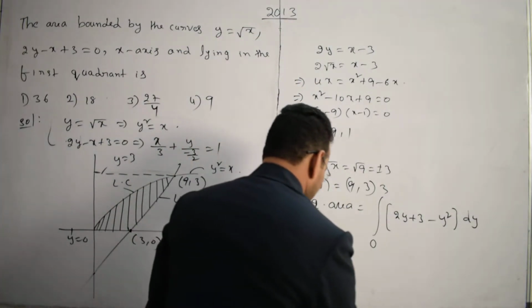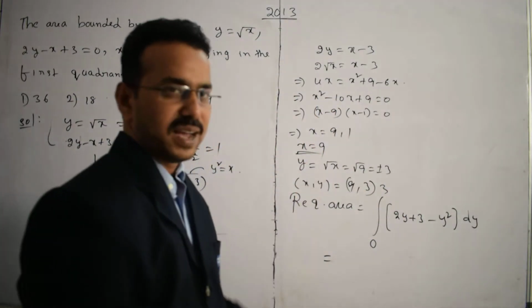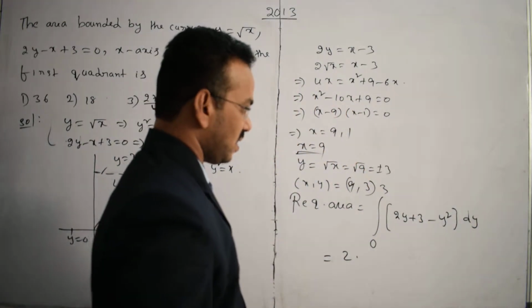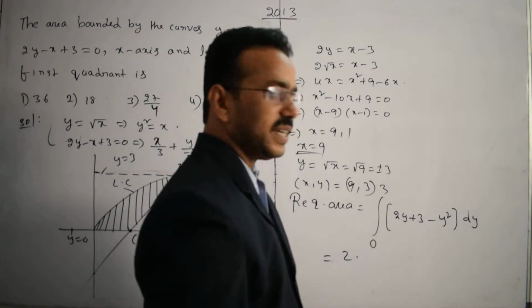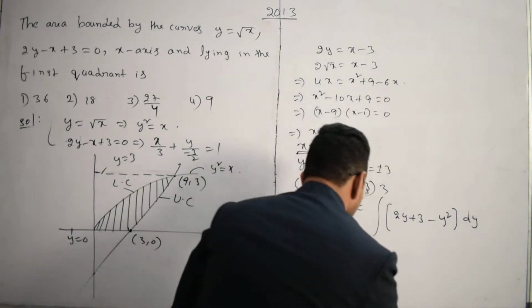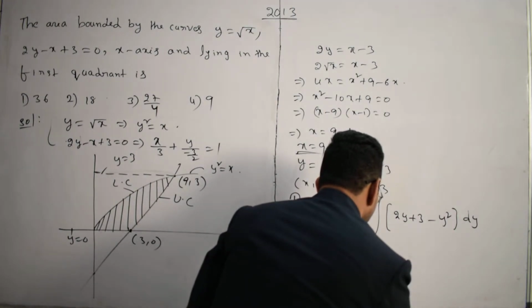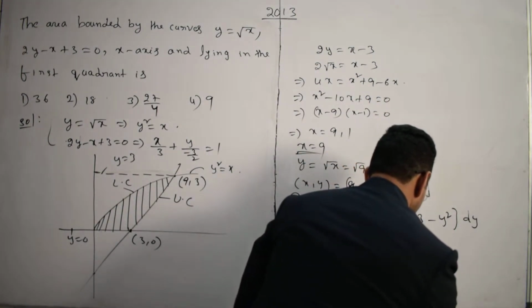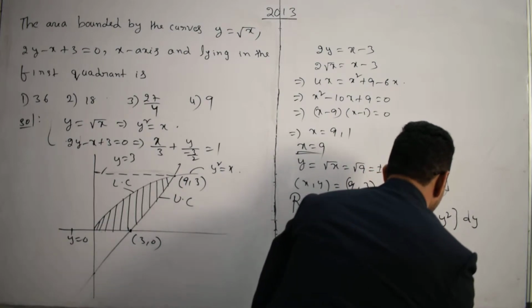So in the next step, directly splitting the integration: 2 into the integral of y, which is y square by 2, limits 0 to 3, plus 3y, 0 to 3.